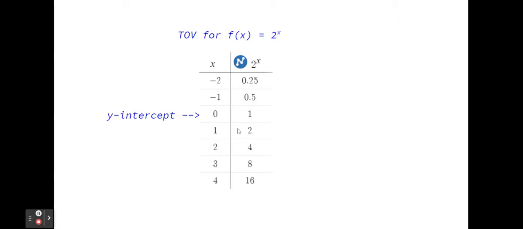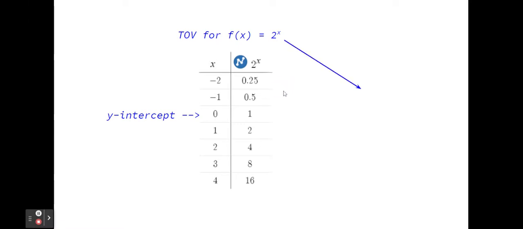And at 1, we have 2 exponent 1, which is 2, and so on and so forth. With negative exponents, 2 to the exponent negative 1 is the same as 1/2, which is 0.5. And 2 to the exponent negative 2 is the same as 1 over 2 squared, or 1/4, which is 0.25.